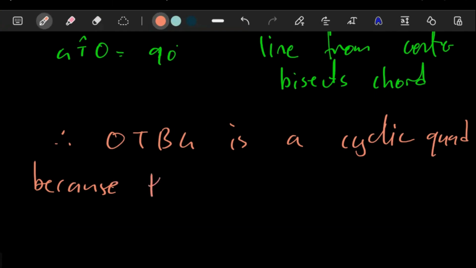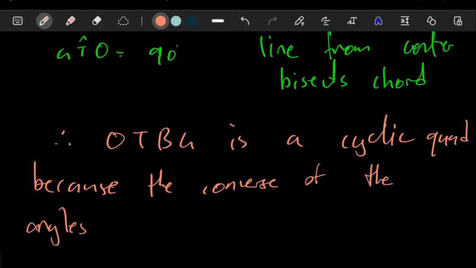Because of the converse of the angles in the same segment theorem.